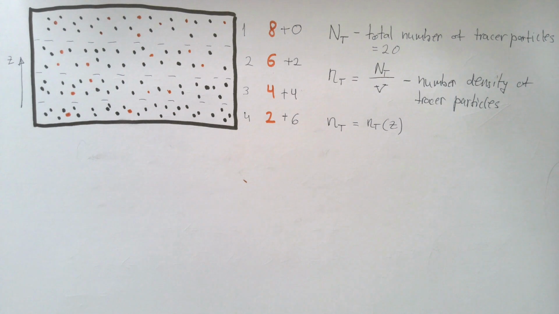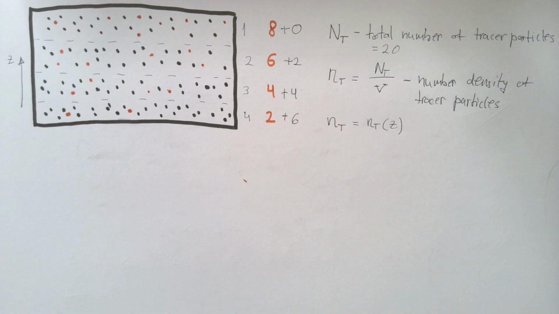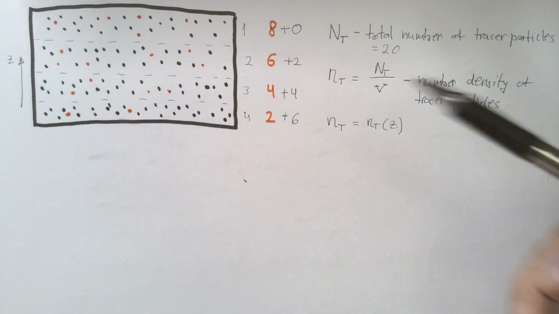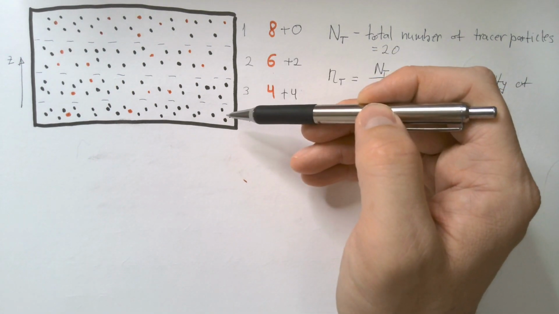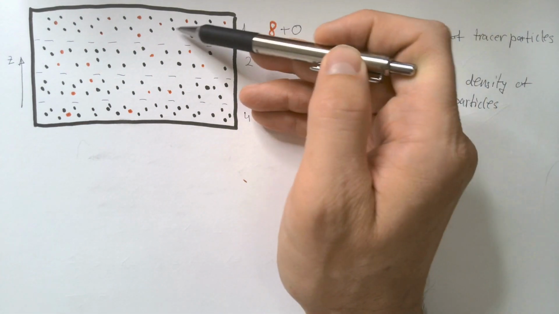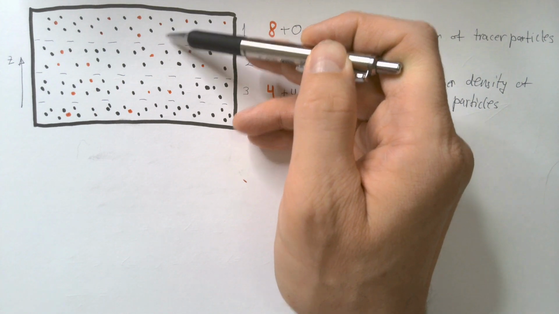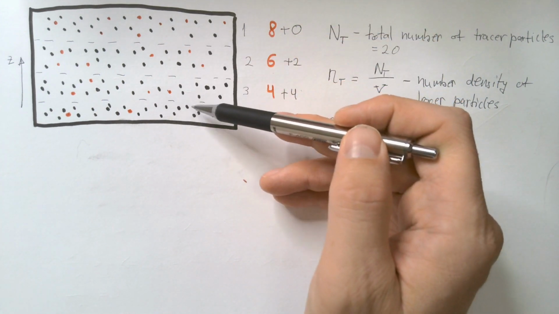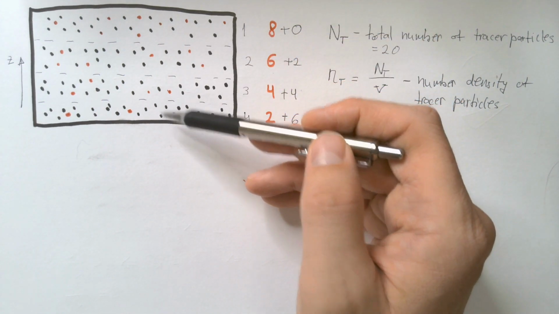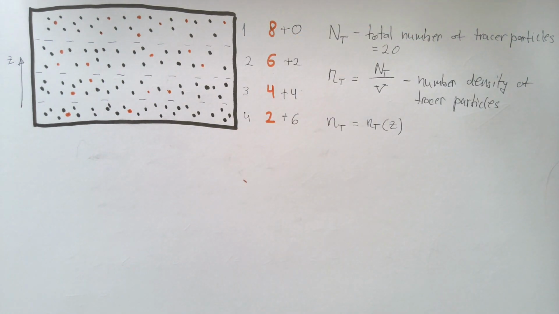Of course, we have to now also say that we are not allowed to add or remove any more particles. But for this equilibrium to be established, that means that more particles from layer 1 need to flow to lower levels compared to the number of particles that are flowing from these lower levels into layer 1 and 2.